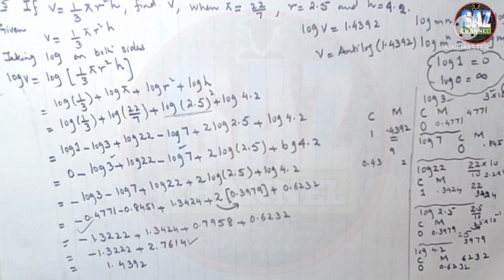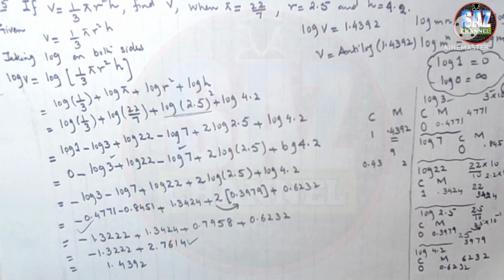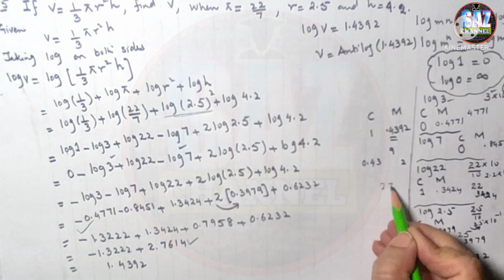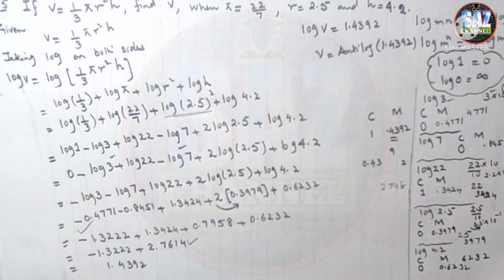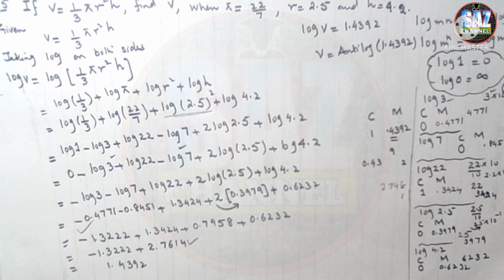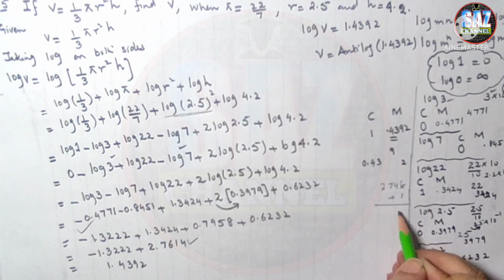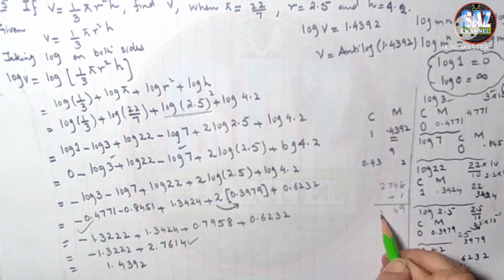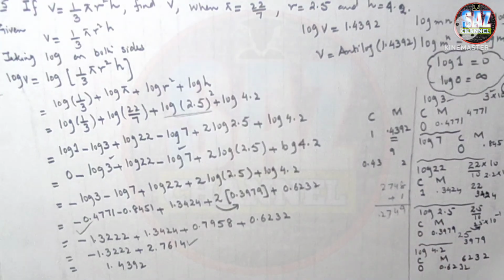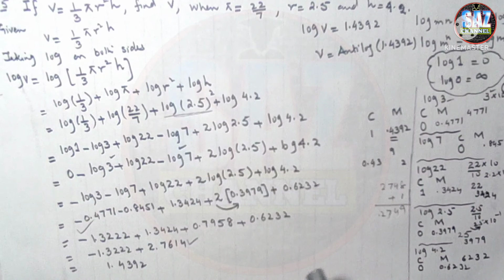In the column of 9, this is giving me 27, let me recheck this, 2748, and then the mean difference column 2 is giving me 1. Then when I add this, it gives me 9427, and this number will be in decimal because this is the mantissa.